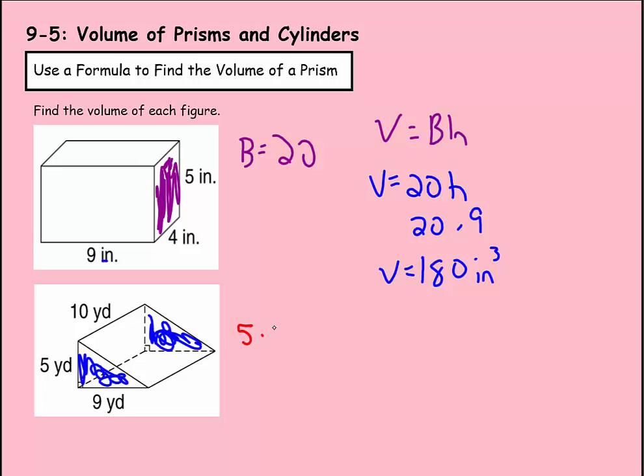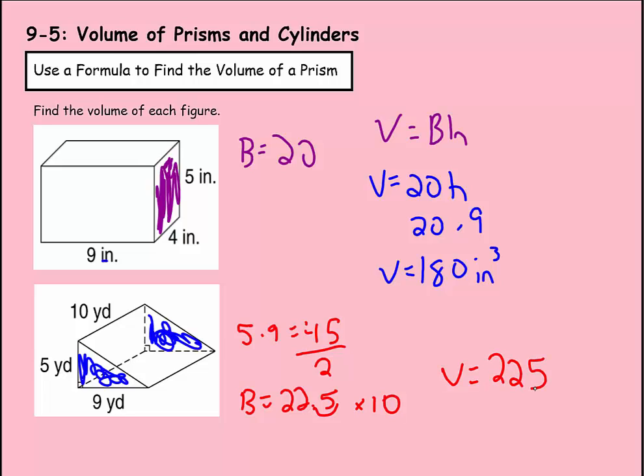Well, 5 times 9 equals 45. 45 divided by 2 equals 22.5. So that's the area of the base. Now we can just multiply that times the height. So 22.5 times 10 for the height. Move that decimal over. So the volume equals 225. And that's going to be yards cubed, or cubic yards.